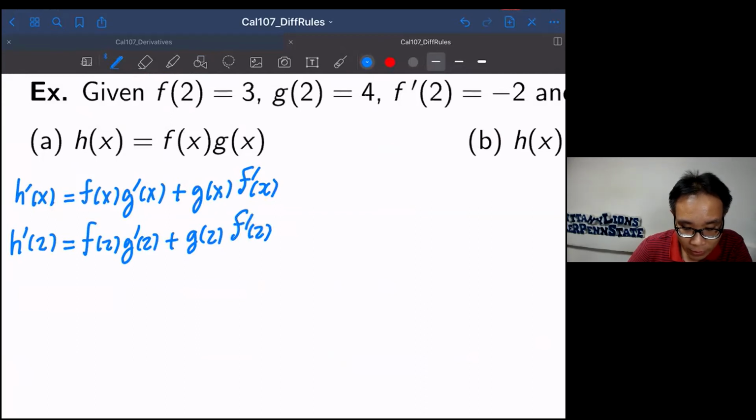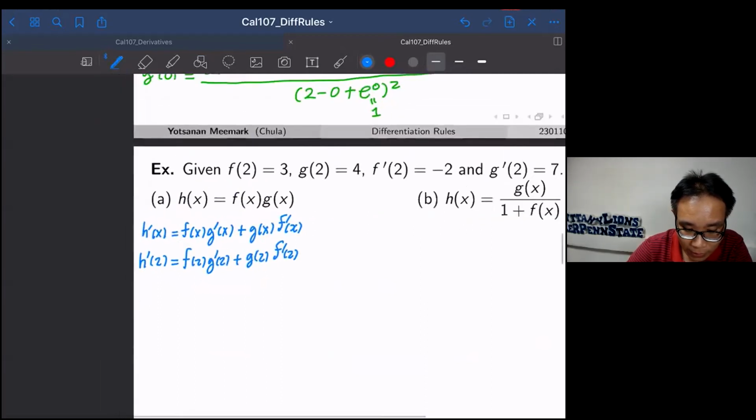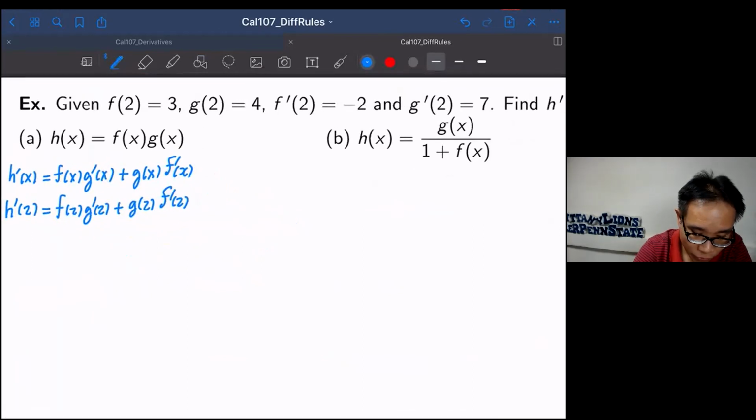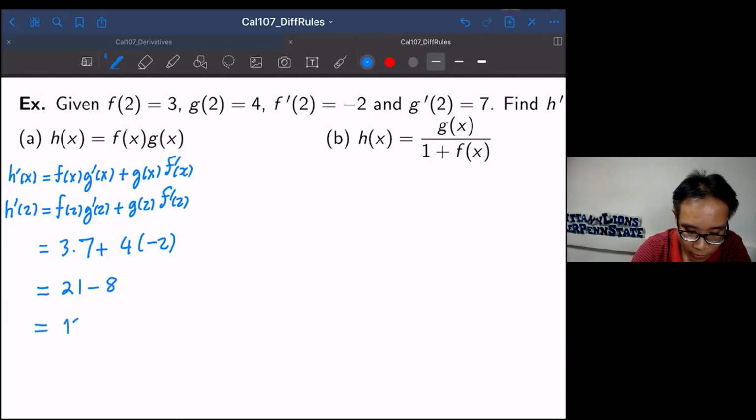Then you plug in f(2) equal to 3, g prime 2 equal to 7 directly here, plus 4 times negative 2. So it's going to be 21 minus 8, which gives me 13.